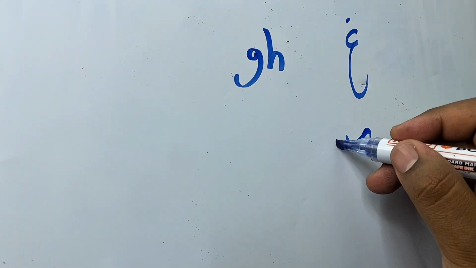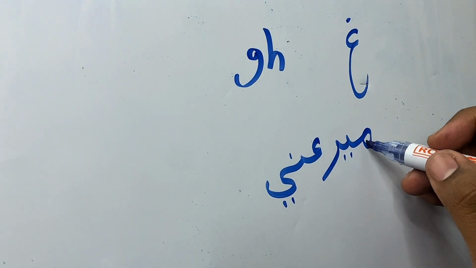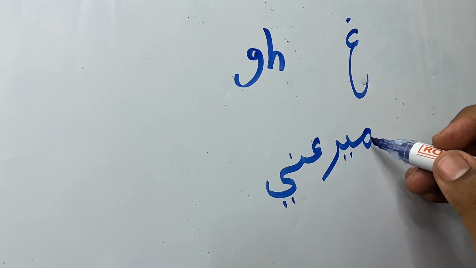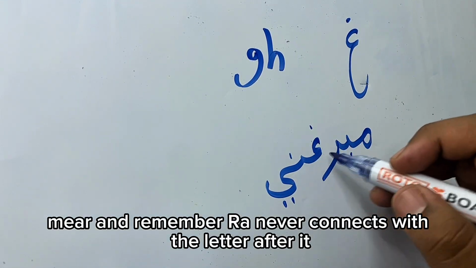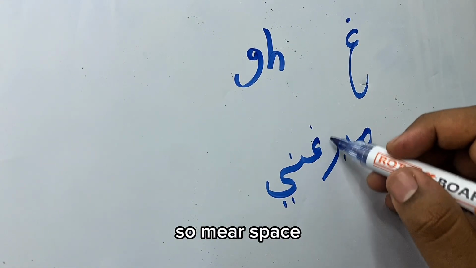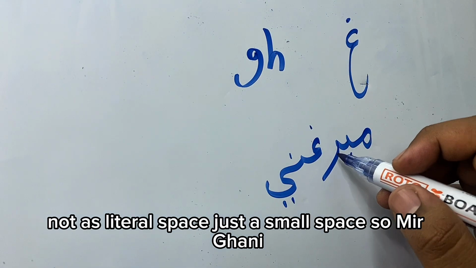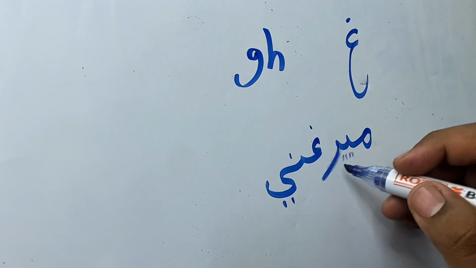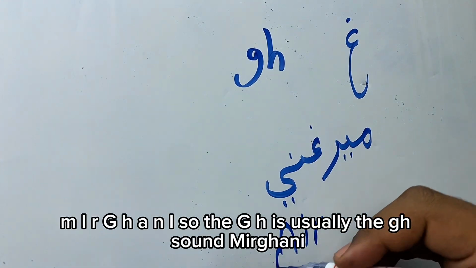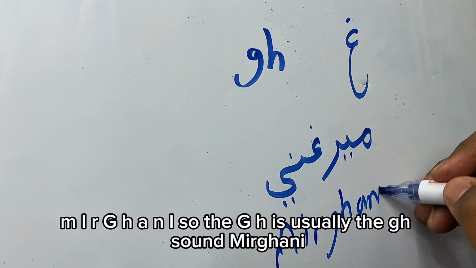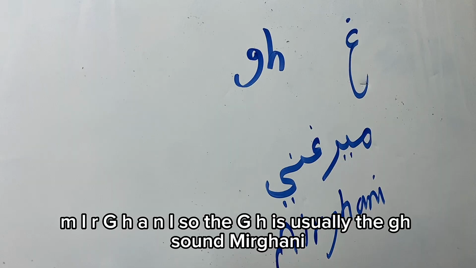It's m, ya, ra, mir, and remember ra never connects with the letter after it, so mir, space, not a literal space, just a small space. So mir, ghani, mir ghani. And in English I write it like this, M-I-R-G-H-A-N-I. So the GH is usually the gh sound.